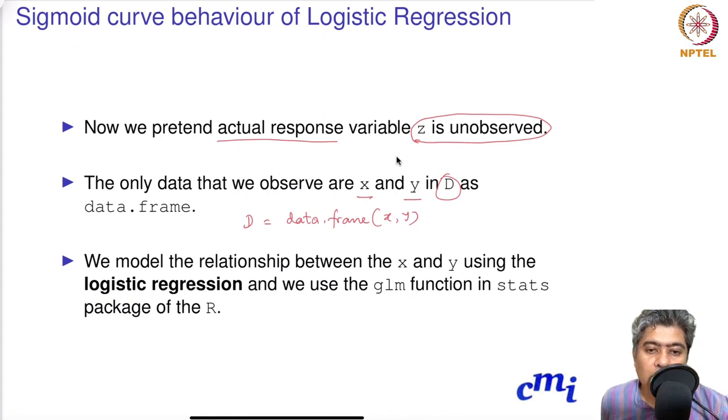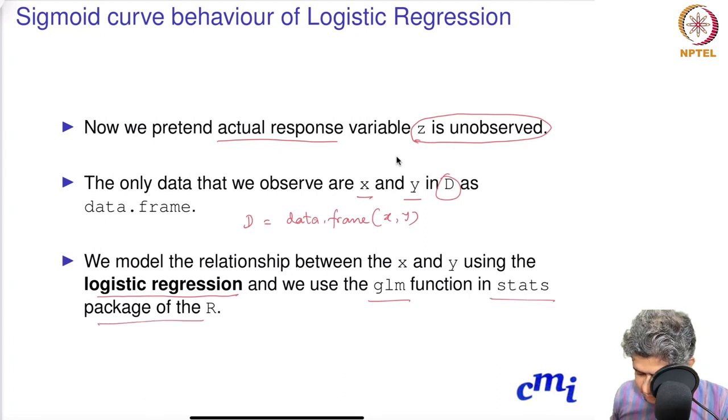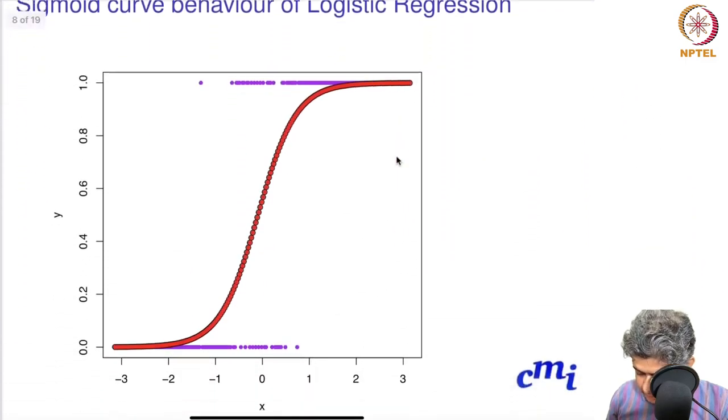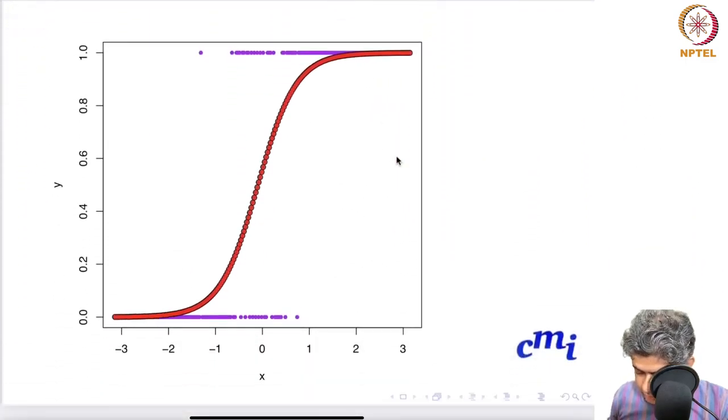So we model the relationship between x and y now using logistic regression. We will use the GLM function in the stats package of R. If you do that, it turns out that these purple points are the actual observed y for different values of x.